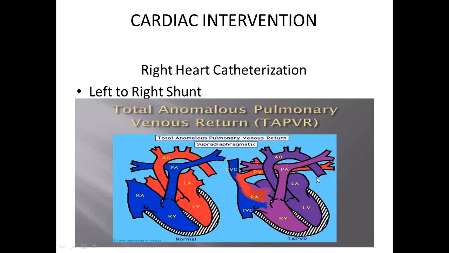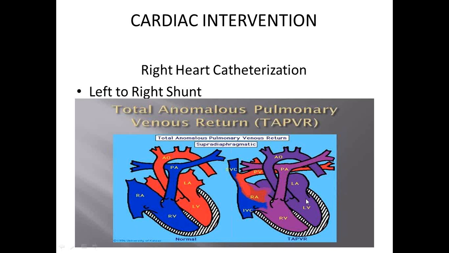So, this is a complete where the pulmonary veins join up to drain into the superior vena cava. Now, for this fetus to survive, you need some communication. So you commonly will have an ASD, atrial septal defect, so that at least they can get some oxygenated blood on the left side.